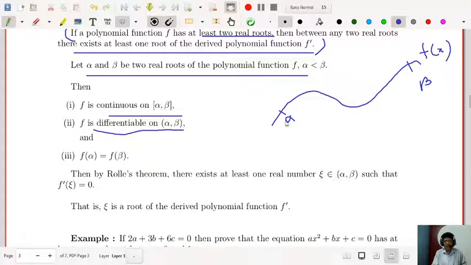And f(alpha) equals f(beta), which you can check by drawing the coordinate axis.